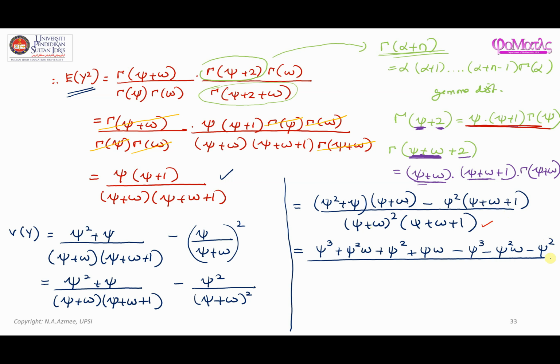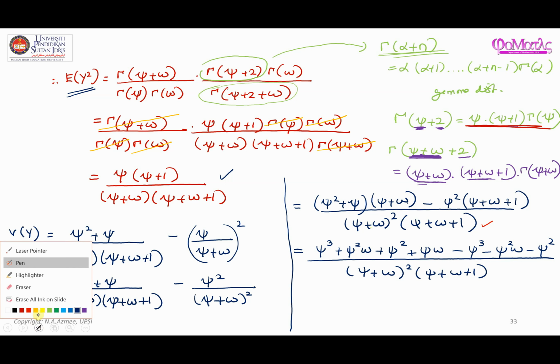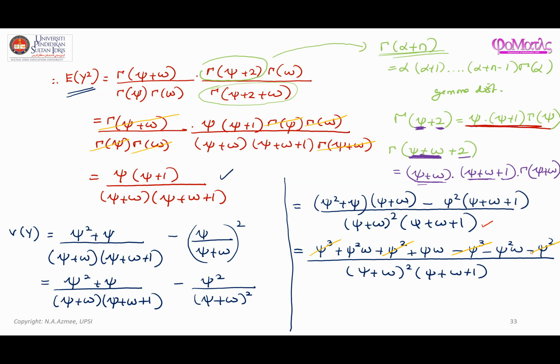And at the bottom part is psi plus omega squared, psi plus omega plus 1. And I hope you can see some terms can be cancelled out, such as psi cubed with psi cubed, psi squared with psi squared, and psi squared omega with psi squared omega.